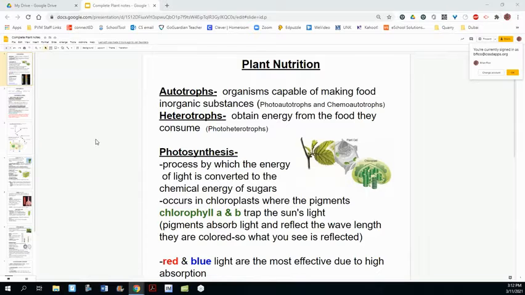This may seem like a harsh transition from the endocrine system and the study of hormones and how they regulate our body systems.